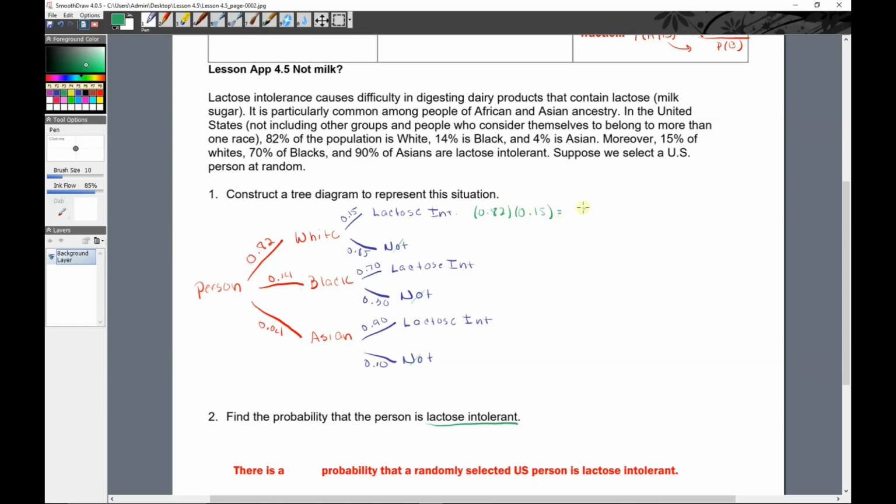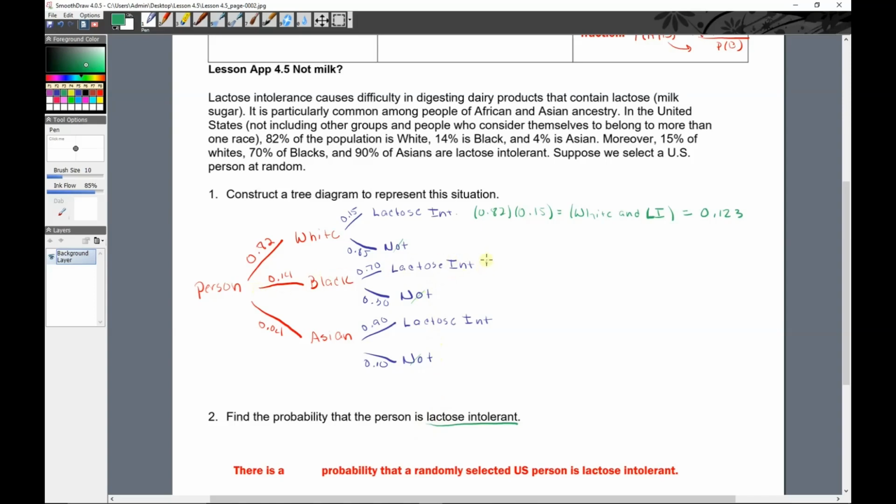I'll write this out: white and lactose intolerant, we'll just abbreviate. The product there is 0.123. That's these two numbers multiplied. I'm going to skip this because they're not asking about people who aren't, only the people that are.